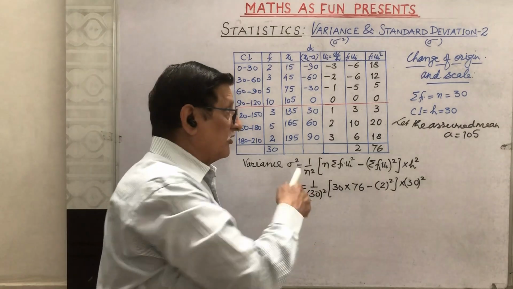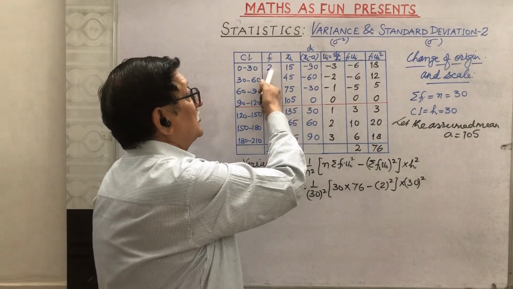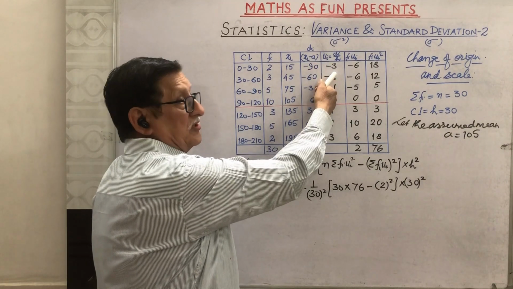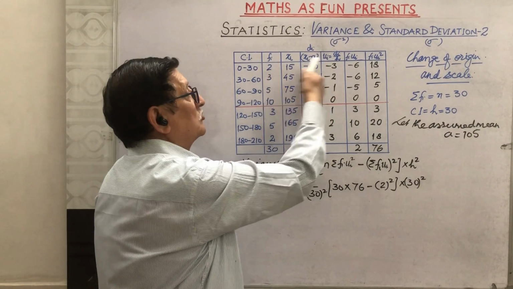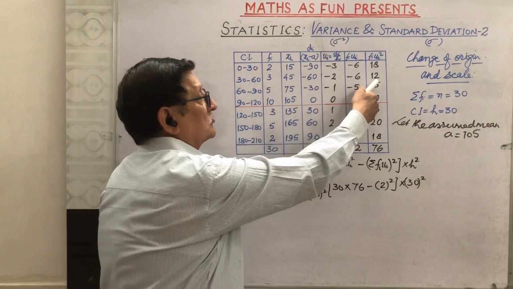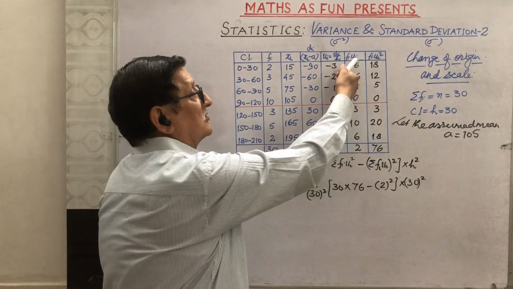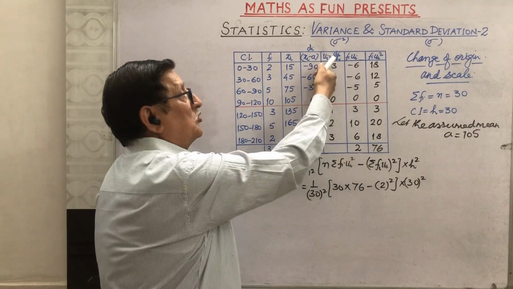plus 2. Now we have to find out Fi into Ui square. For that we see here 2 and Ui is minus 3. Square of minus 3 is 9, 9 into 2 is 18. Minus 2 square is 4, 4 into 3 is 12. But instead of doing that, we can also see here this is Fi into Ui and Ui is here.